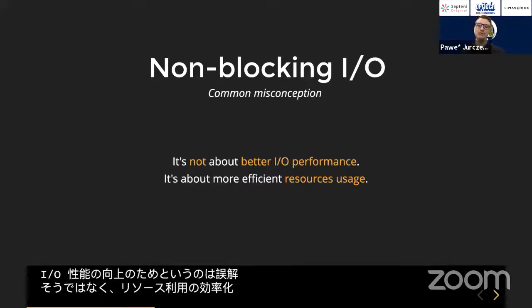Instead, non-blocking IO is about more efficient, more precise usage of the resources we have in the hardware. This, on the other hand, might result in better overall performance of our application, but this will be an indirect consequence of using non-blocking IO operations and not necessarily the direct consequence.